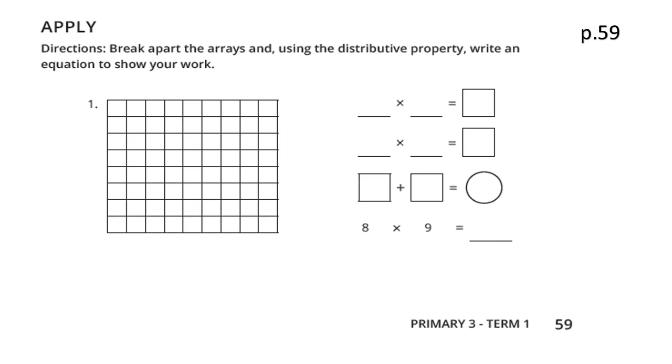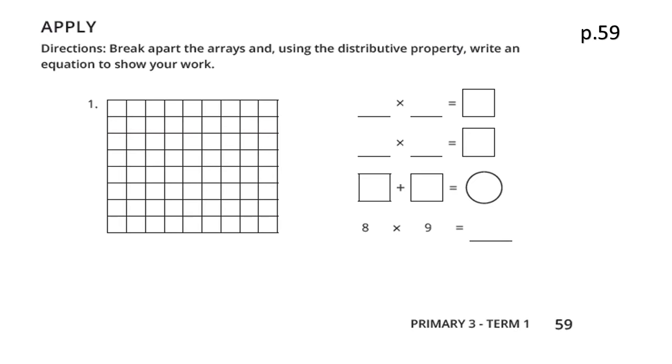Let's do another one on the same page 59. Here we break apart the array and, using the distributive property, write an equation to show our work. Here we have a large array. If you have a large array, we can break it apart into two smaller arrays.